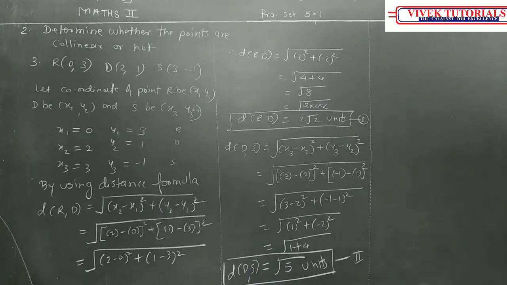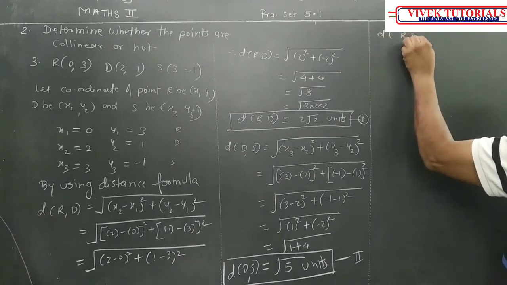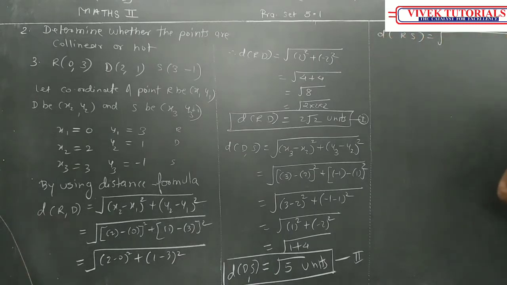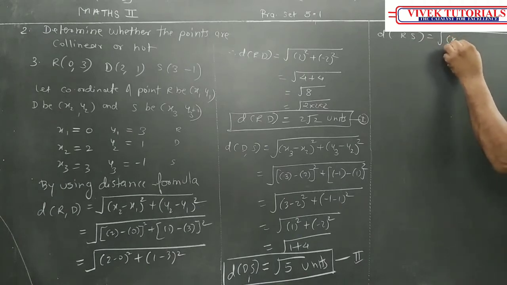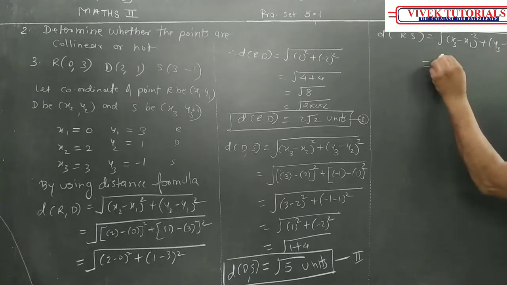Now, after that, we are going to find the value of distance RS, which is equal to the square root of (x3 minus x1) the whole square plus (y3 minus y1) the whole square.